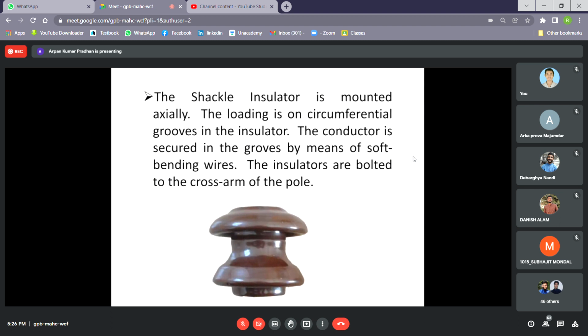It's like when there is a terminal, then your transmission line should change its direction, then we generally use shackle insulators. So this is the typical look of shackle insulators.